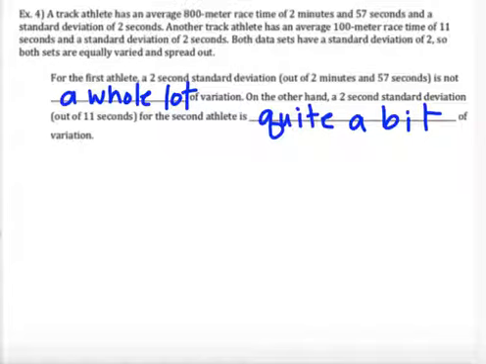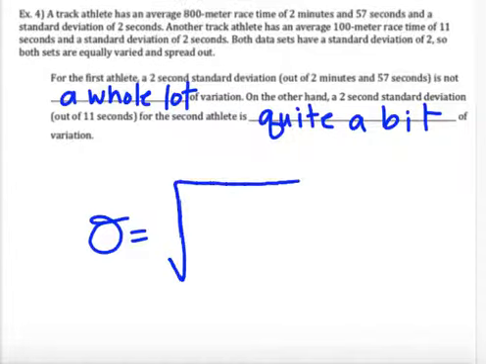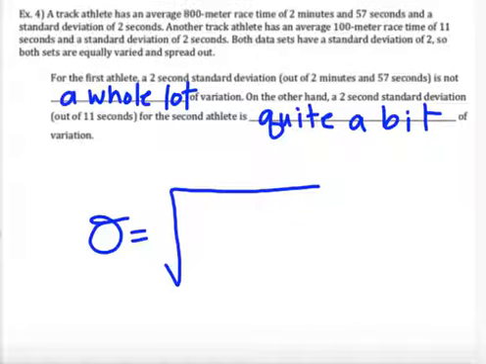E equals MC squared? Not quite. So standard deviation equals a rather large square root symbol because there's going to be a fraction underneath. Okay? So in the standard deviation formula, you have to add up all of that data.